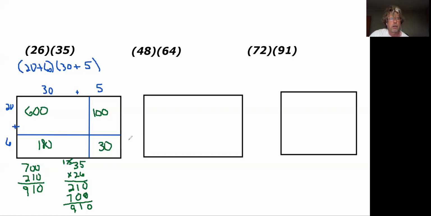That's our shortcut. So the algorithm kind of models the area model, but I can see the area model a little bit better. So when it comes to this next one, I have this 48 times 64. So again, I have my place value, I have this 40 plus this 8. And I have this 60 plus this 4 using place value.